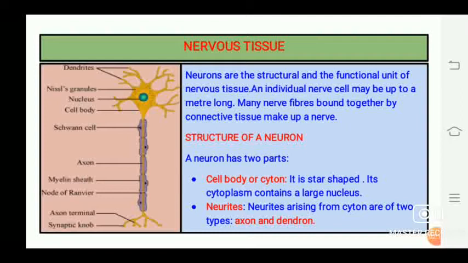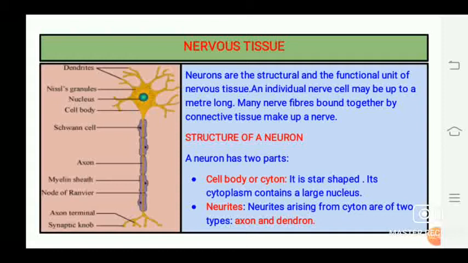A single nerve cell may be up to a meter long. Nerve cells are the longest cells in our body. Many nerve fibers are bound together by connective tissues and they make up a nerve.